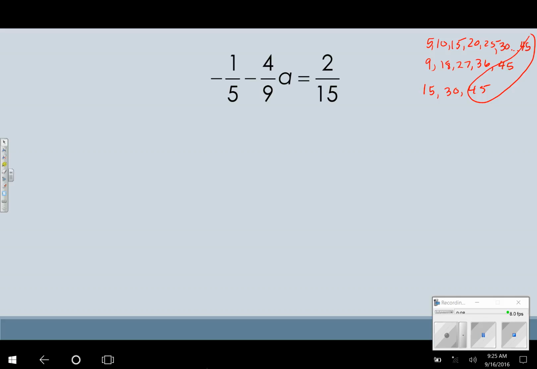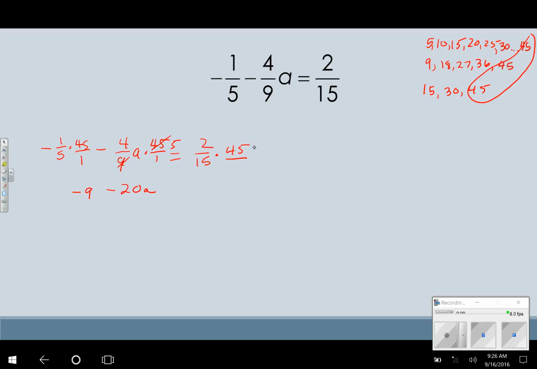So I can multiply everything by 45. Okay, and when I do that, 5 goes into 45 9 times, so that becomes -9. 9 goes into 45 5 times, so 5 times 4 is 20a.